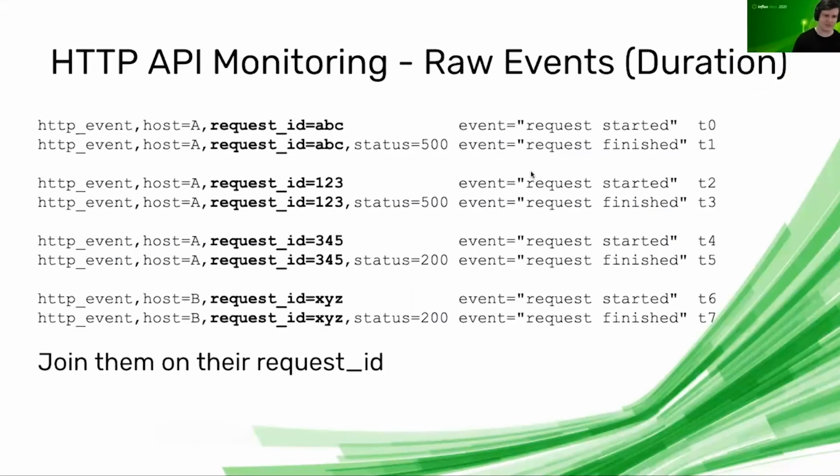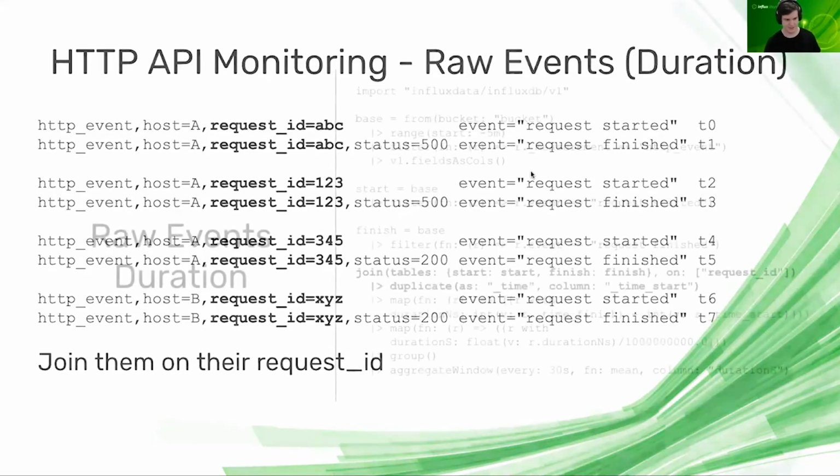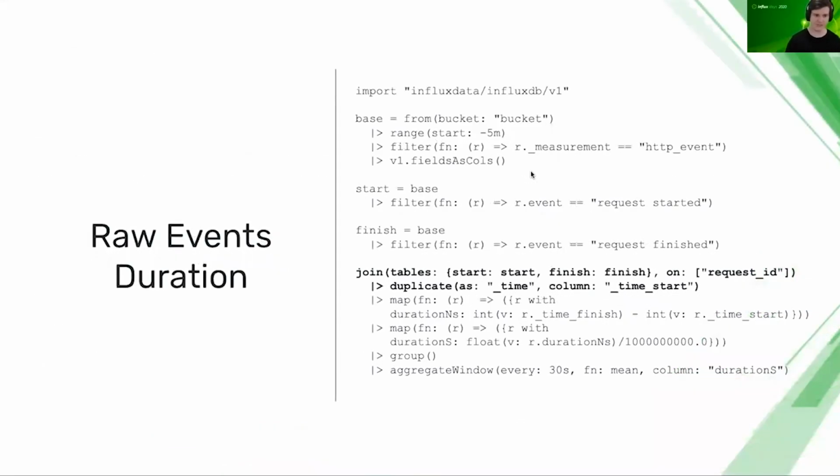Now that we have the two events, we're going to join them on their request ID so that we can then take the difference of their timestamps. So we join the tables start and finish on request ID. Then we're going to do this little hack at the bottom.